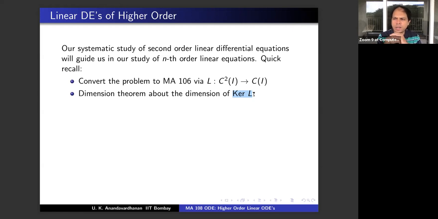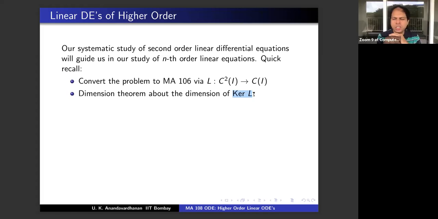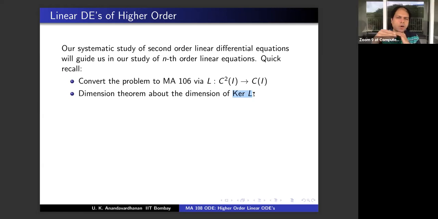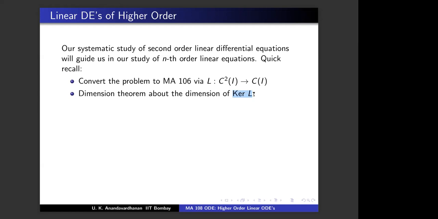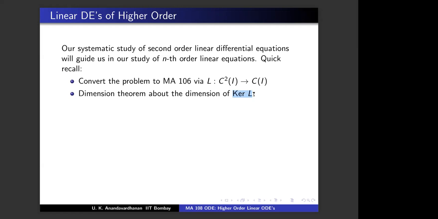First of all, L is a linear operator and therefore the kernel will be a vector space. The dimension was 2. Therefore today, what will be the dimension theorem? The dimension is n. Exactly the same story.